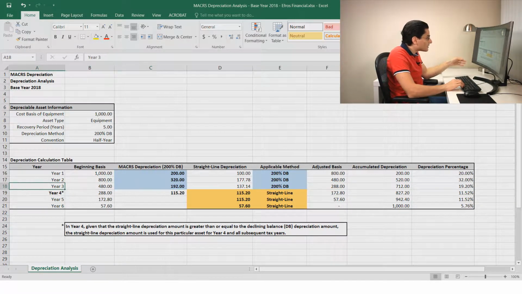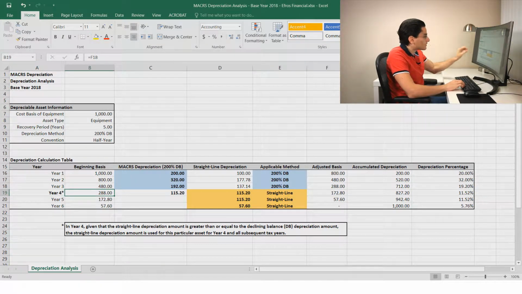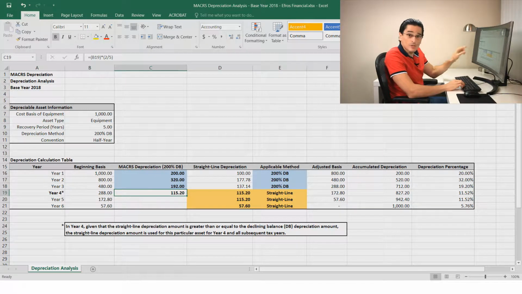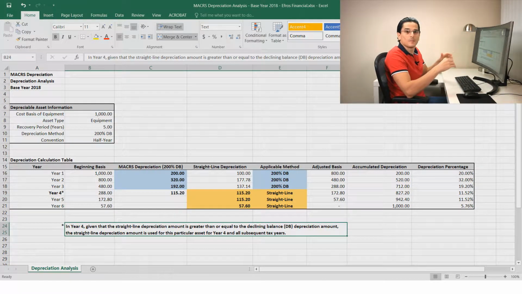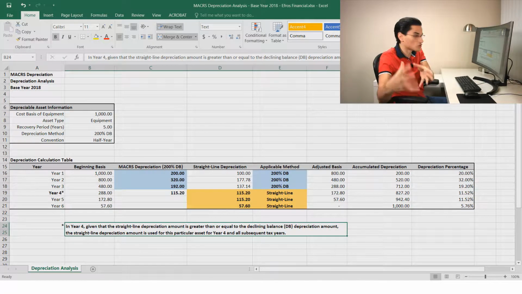Now, year 4 is when this gets interesting, because the beginning basis being 288, we see that the MACRS depreciation that we calculate is exactly the same as the straight line. And you'll see I put a note down here that specifies that in any tax year in which the straight line is greater than or equal to the MACRS depreciation, then we switch over to straight line.